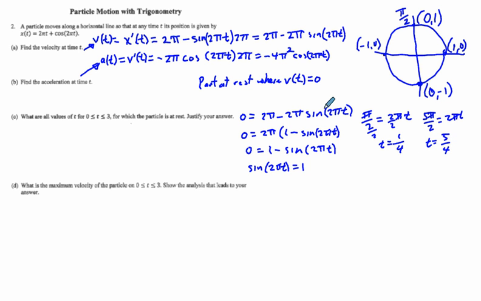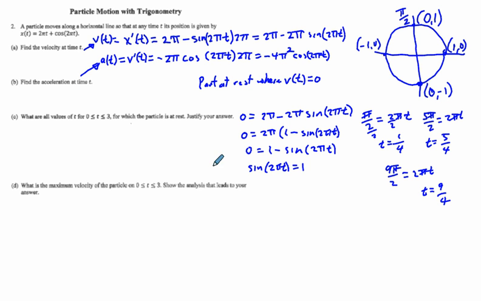And so there's a pattern. If we go around once more and we add another 2 pi, that'll be 9 pi over 2. I'm just adding 2 pi every time. So 9 pi over 2 equals 2 pi t, and for this, t is going to be equal to 9/4. And if we went around another time, it would be 13/4, which is greater than 3.